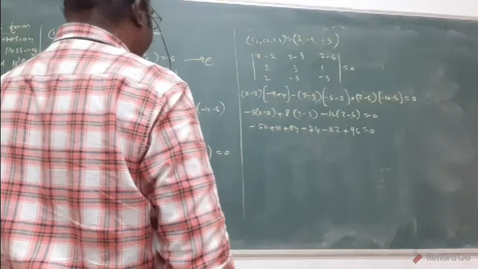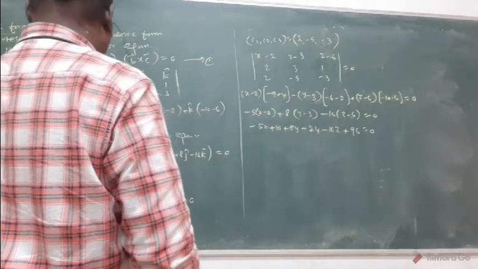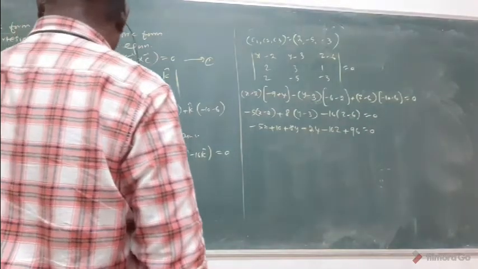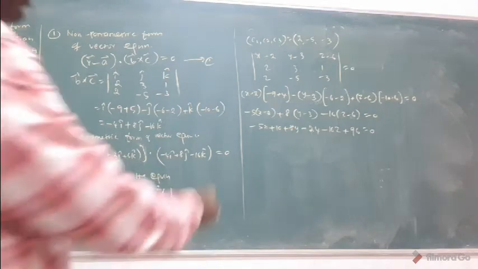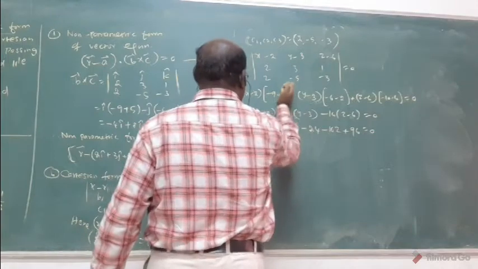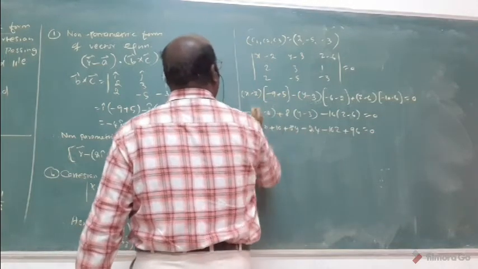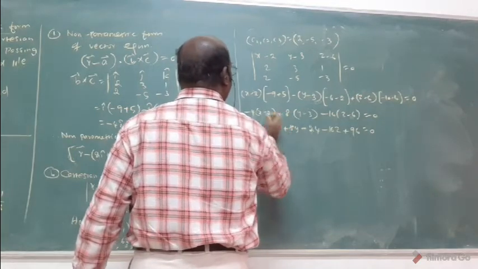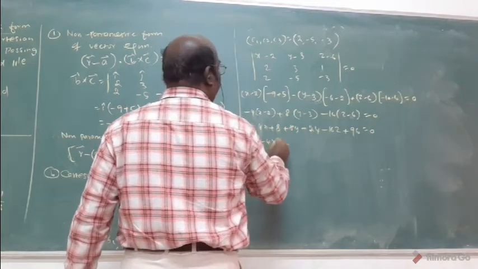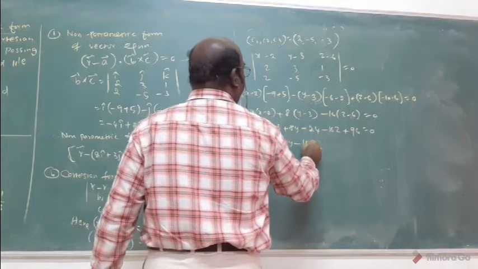Writing in order: minus 4x plus 8y minus 16z.